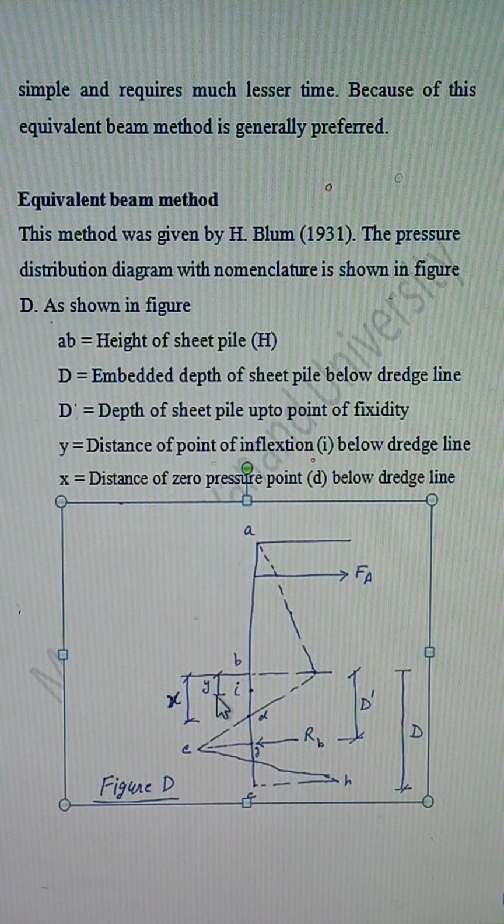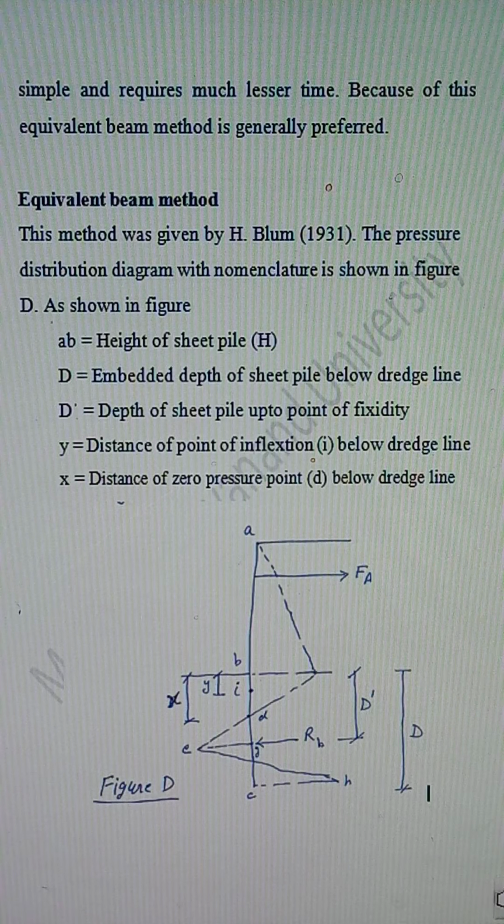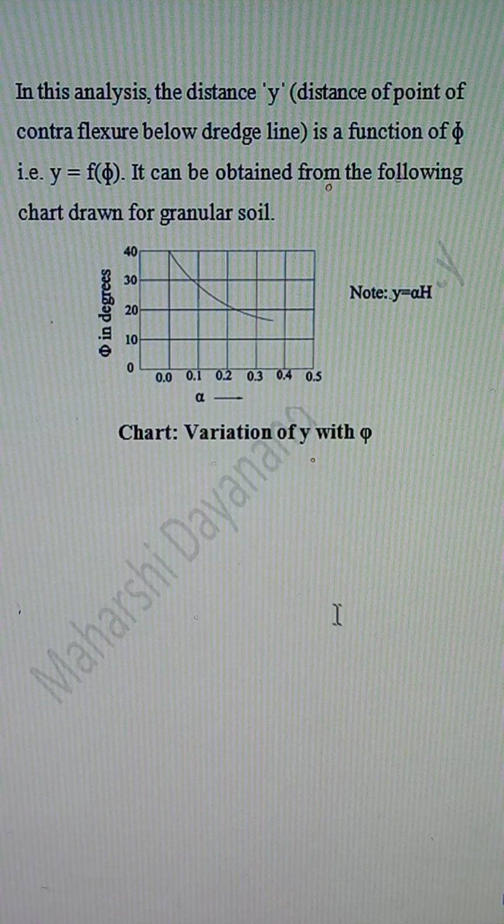In this analysis, the value of y depends upon the angle of shearing resistance. So y is a function of the angle of shearing resistance, and we can determine the value of y from a chart as shown in this figure.